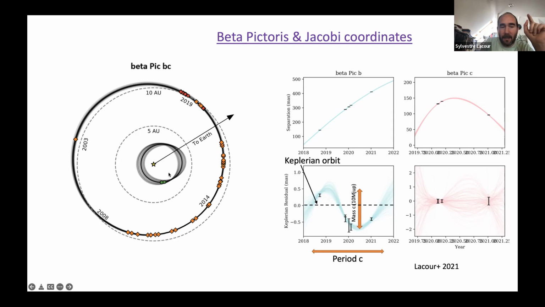And by rotating around the star, the planet moves the barycenter of the system, and the distance between B and the star changes. That can be computed using the Jacobi coordinates.